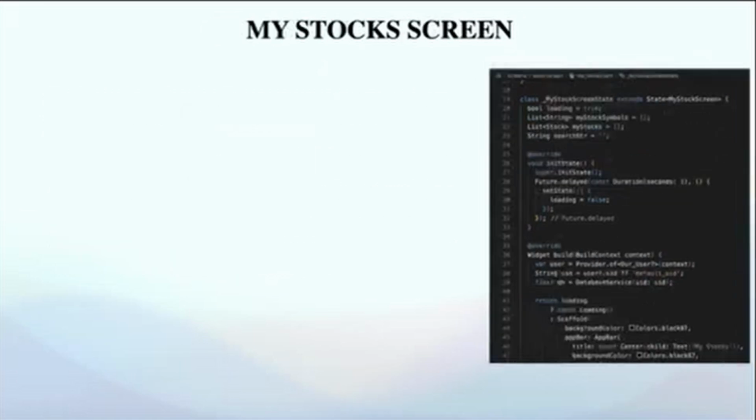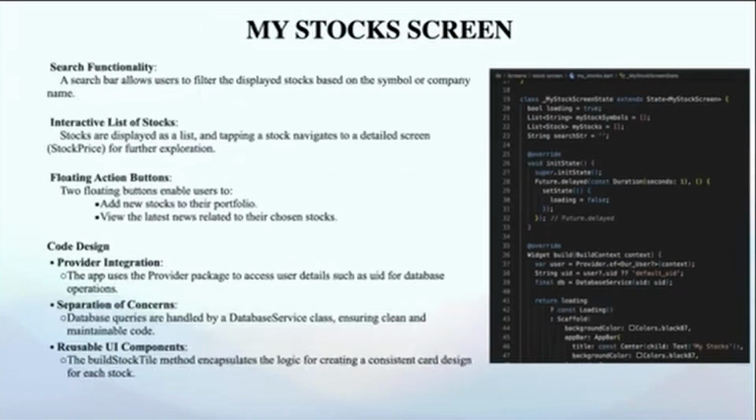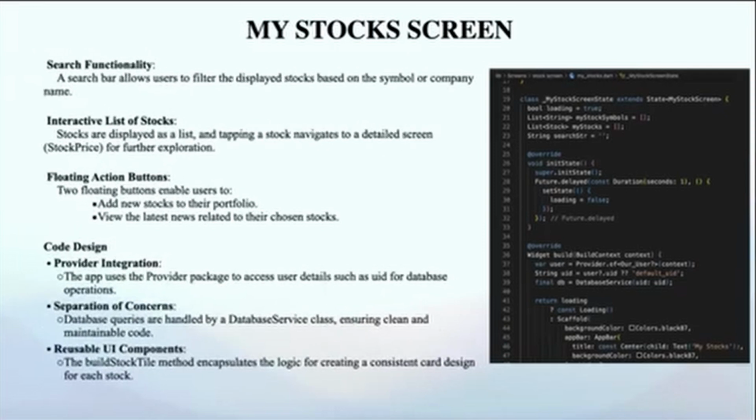Next, we'll look into the My Stock screen. So in this screen, again, we have a search functionality allowing the users to filter the displayed stocks based on the company's name. Then we have an interactive list of stocks and also floating action buttons. One to add new stocks to the profile and another to view the latest news related to their chosen stocks.